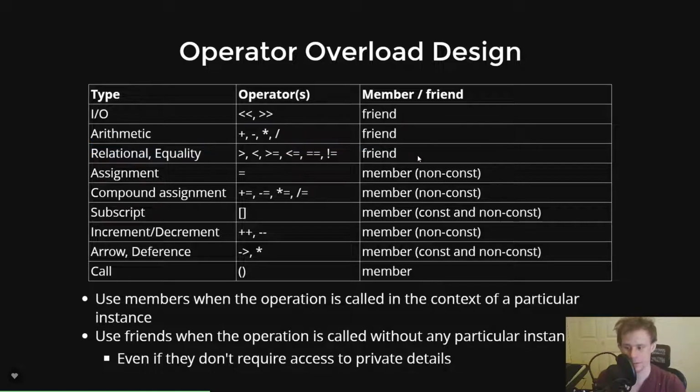Now it's pretty easy to remember which ones are the friends and which ones are the member operators, because a friend operator will take in two different things, two different objects of that type, and do something with it. A member operator will use itself and bring something else in. So you think about what it means when you say, like, point P1 equals P2.